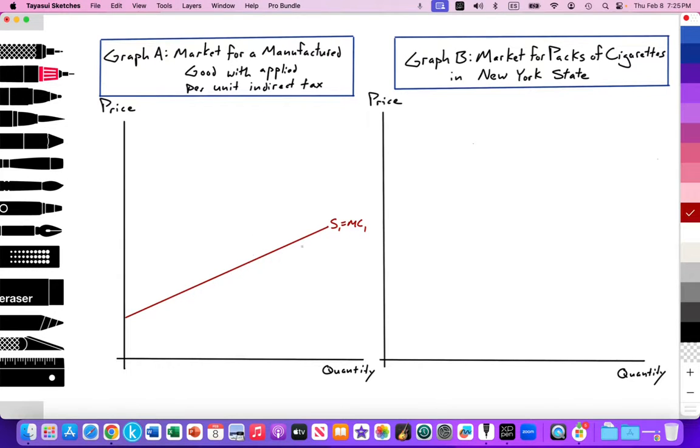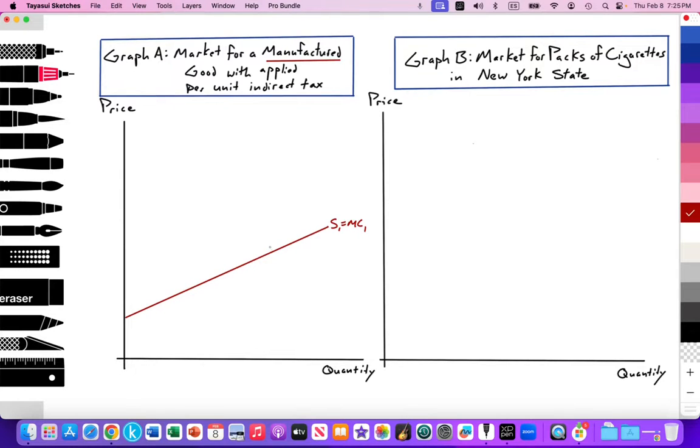And I'm keeping an elastic supply curve because I'm assuming that the determinants of PES, since it's a manufactured good, and firms producing tobacco have the ability to store stock. They have warehouses where they can store. And if that's the case, then the supply curve would be relatively elastic. It's a finished product. They just have to ship it out. So as demand increases or decreases, they can quickly increase or decrease the quantity of supply.